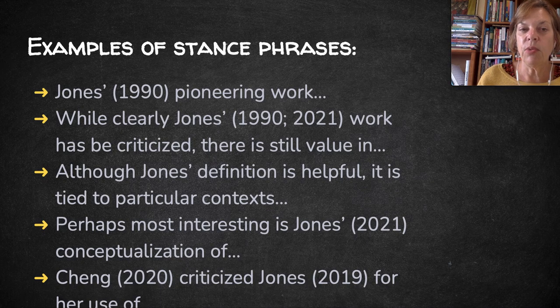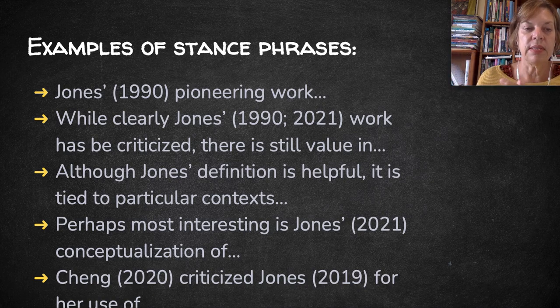Jones's pioneering work, by saying pioneering, you're saying this is somebody who really cut the path, it's an admiring stance. While clearly Jones's work can be criticized, there is still value in. So this might come after other people have criticized Jones's work, but now you are saying, yes, I agree with all those criticisms, but there is still something of value.